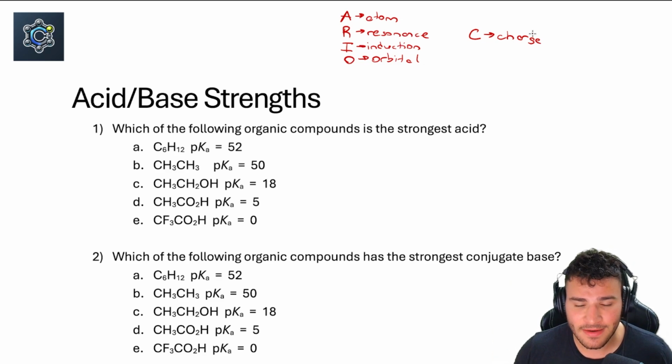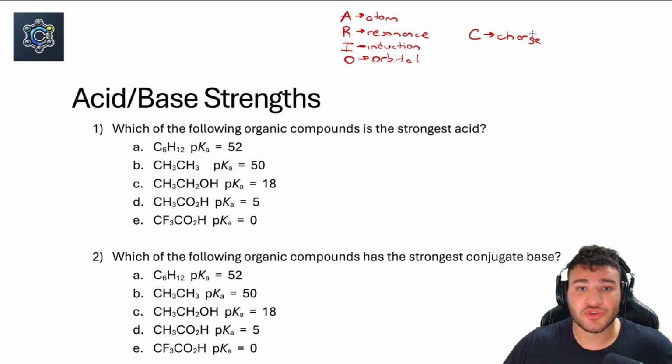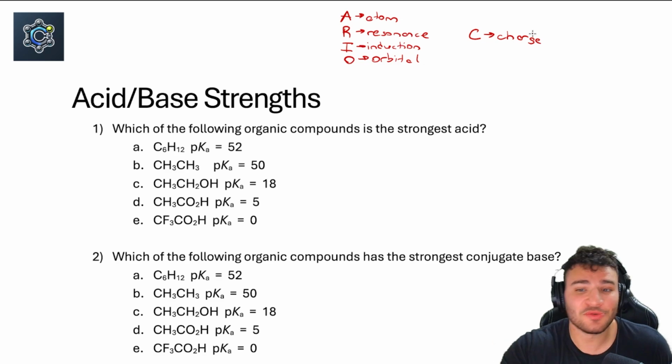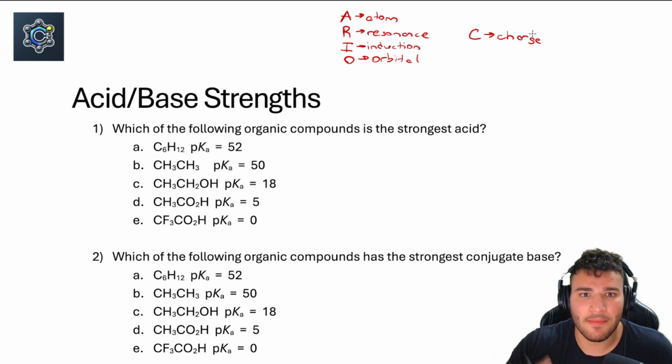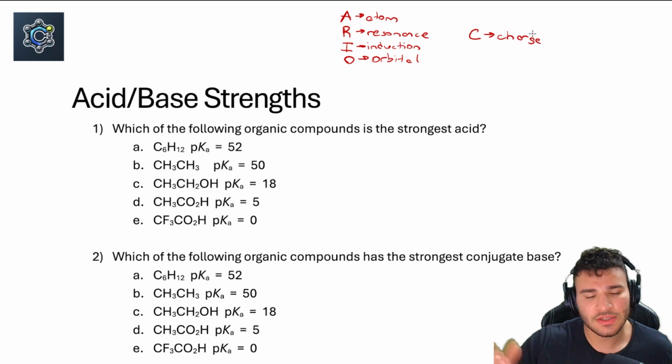It's not going to go backward. This is a really great way to remember: if you're asked to compare basicity, a shortcut I like to do is write the acid for that and then just compare acidity. There are no new rules that you have to learn. You don't have to think about it backwards. It gets confusing. So if you're asked for the strongest base, look for the weakest acid. If you're asked for the weakest base, look for the strongest acid, and so on and so forth.